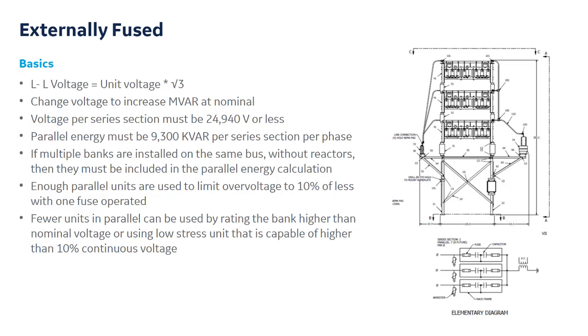So here's one series section. The rack is grounded at midpoint. You have your second series section, and each series section is fused. Now, what you see here is your neutrals get tied together, and a PT monitors that for your protection.